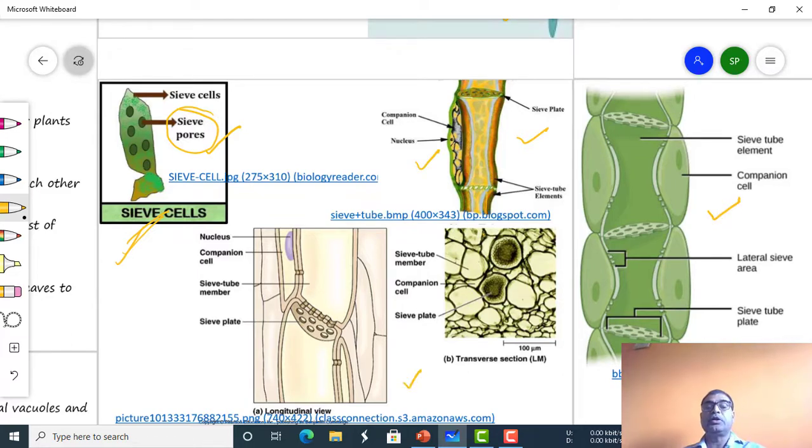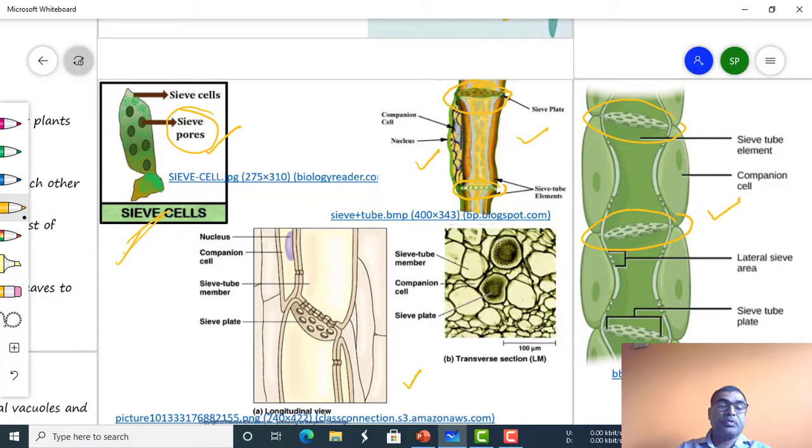At the partition walls of the sieve tube, where the sieve tubes get connected to each other, a sieve plate is present which brings about the cytoplasmic connections between the adjacent sieve tube cells.